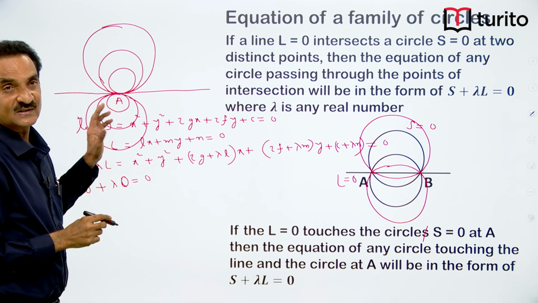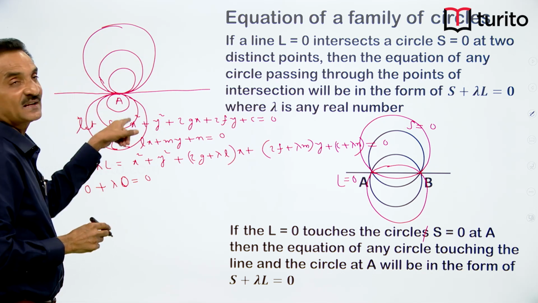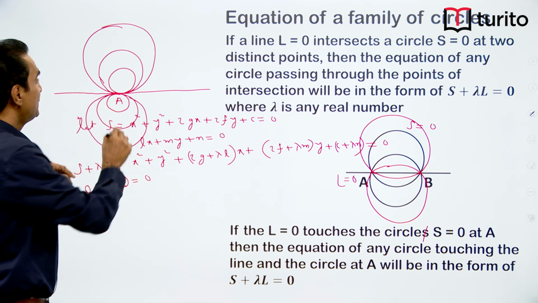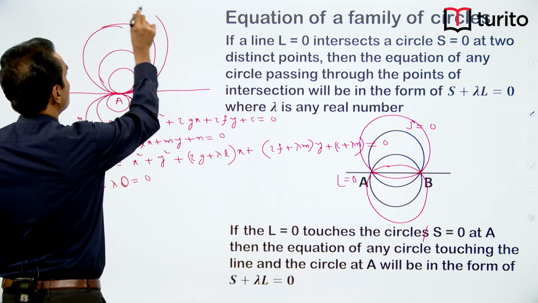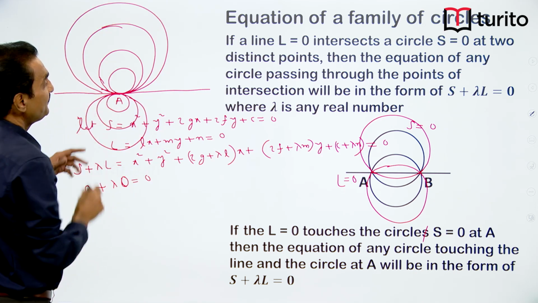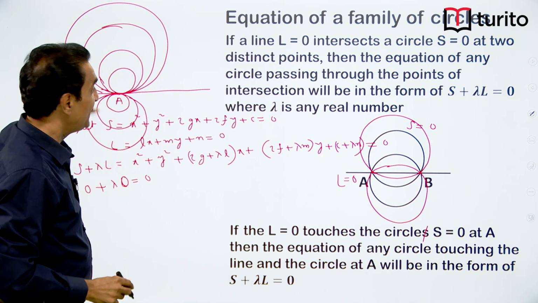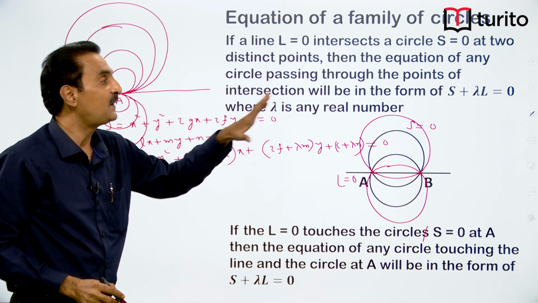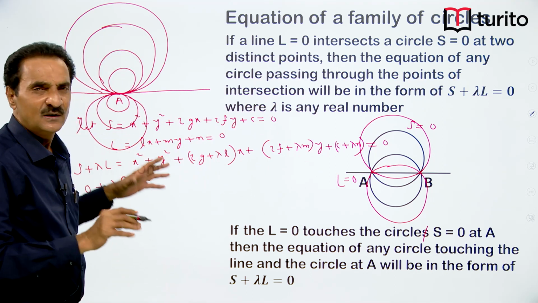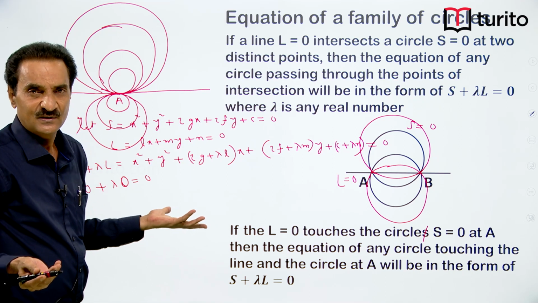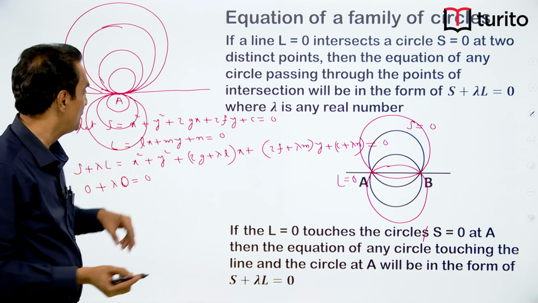So, all these circles are touching the line as well as the given circle at A. You can draw any bigger circle also. Okay. Now, the equation of any such circle will be in the form of S plus lambda L is equal to 0. The proof is again the same as this proof.